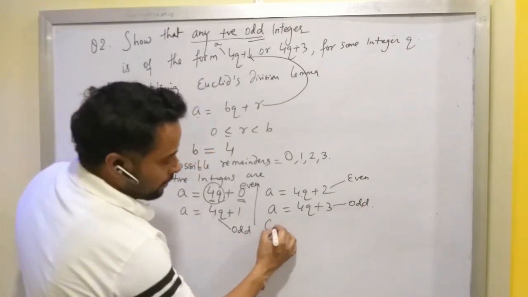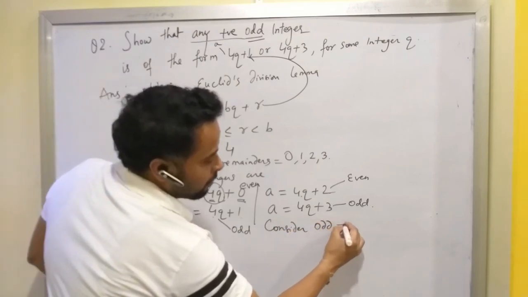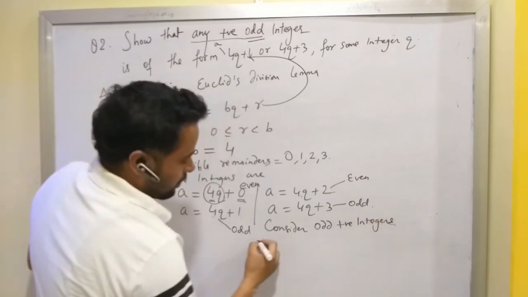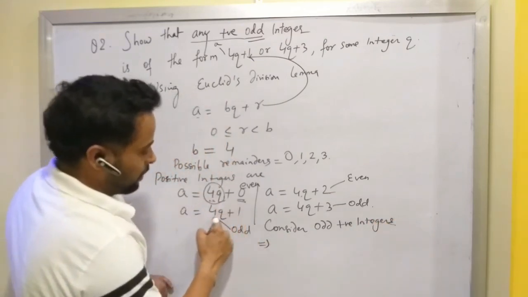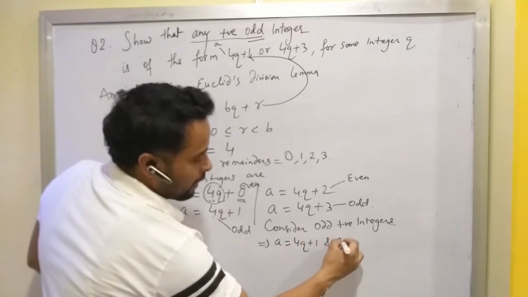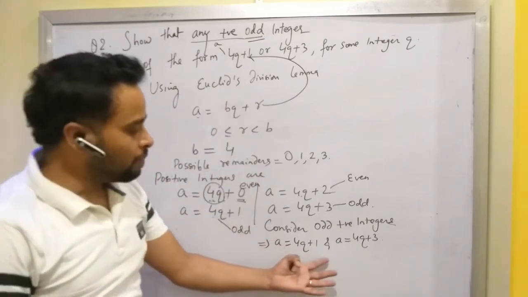Now consider odd positive integers. Implies a equals 4q plus 1 and a equals 4q plus 3. So here the question is completed.